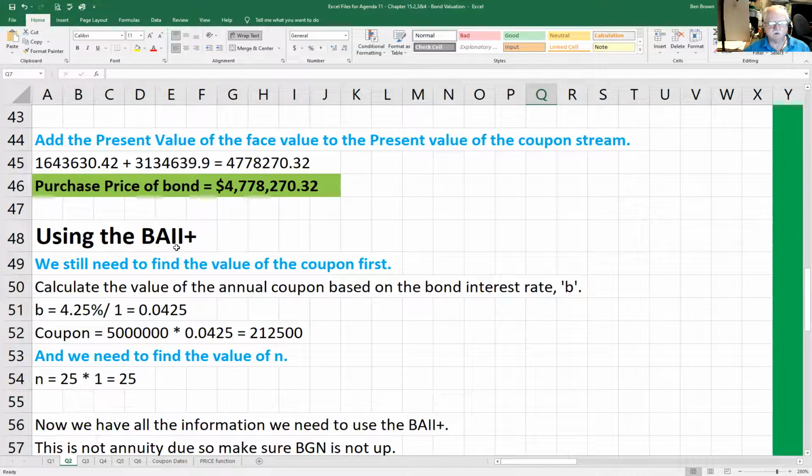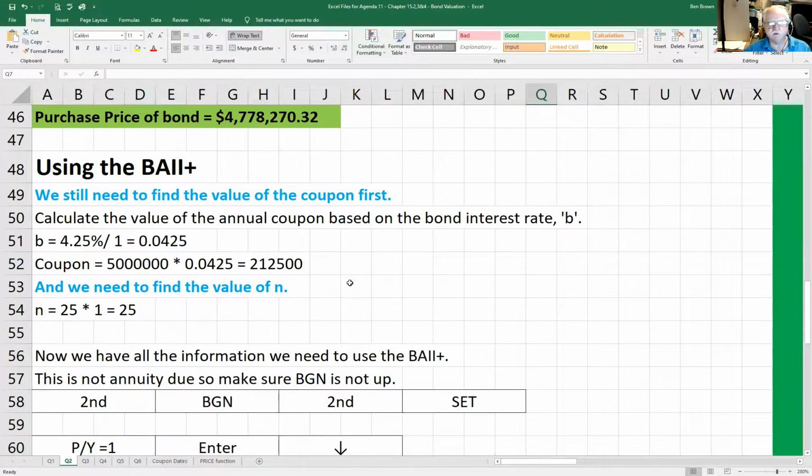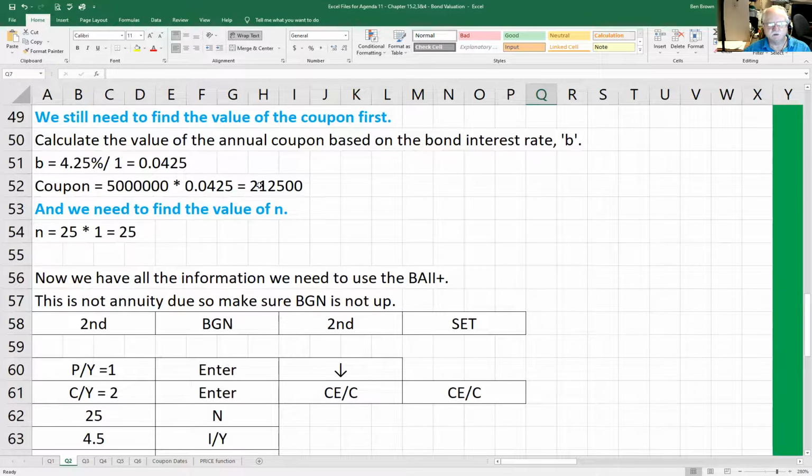So we could do this on the BA2 plus. The nice part about the BA2 plus is we don't need to know the value of P. We still need to know the coupon, and we still need to know a value for N, which is, in this case, as it's an annual coupon, it's 25.